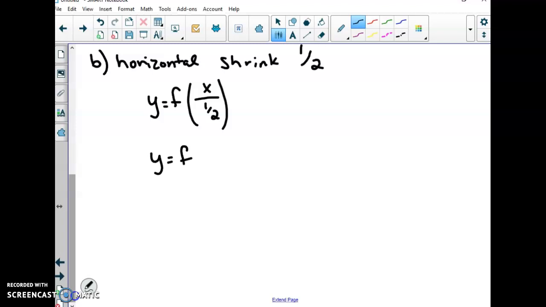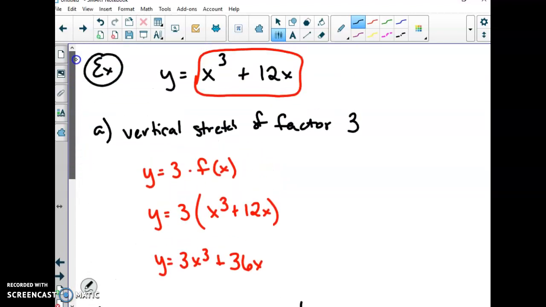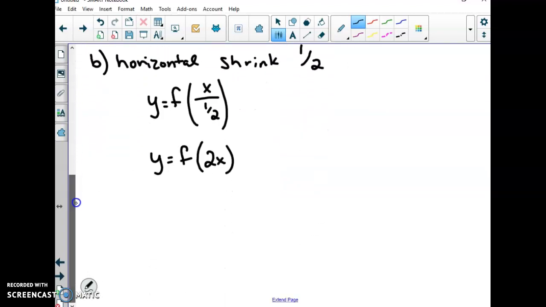So this is realistically f of 2x. Here's what makes this different than the vertical. We put the factor on the outside and then distributed. With this 2x, that actually gets plugged into our function of x cubed plus 12x. So this is now (2x) cubed plus 12 times 2x.